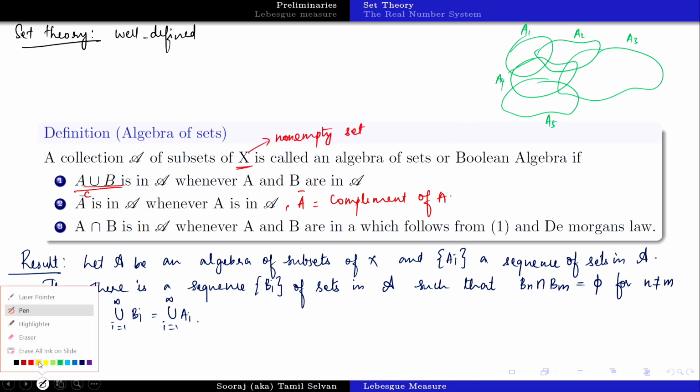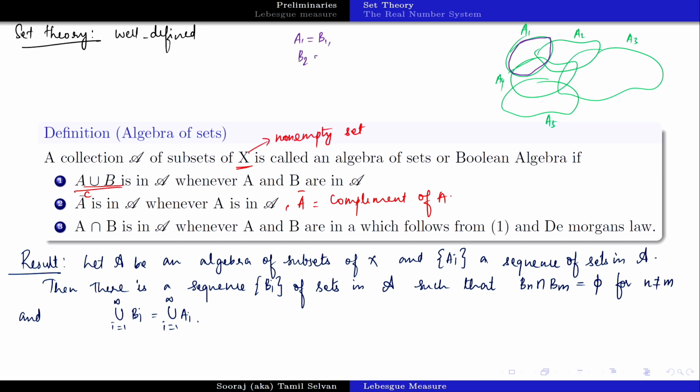Now with this, what we are going to do is fix whatever you want initially. Let me fix a1. Let me choose my a1 to be b1. So what I have done is I have chosen this part completely. Now I'll have to identify my b2. So my b2 is going to be a2 minus a1.